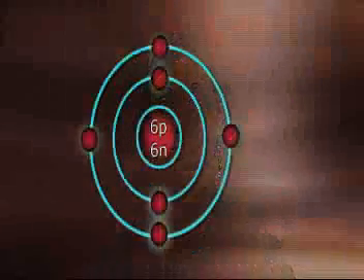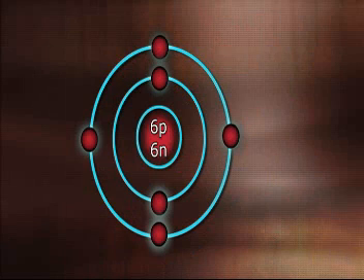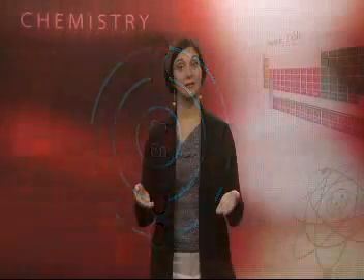Let us do another activity. Pictured here is a carbon atom. Based on the quantum mechanical model, how many orbitals does a carbon atom have in total? How are these sublevels labeled?